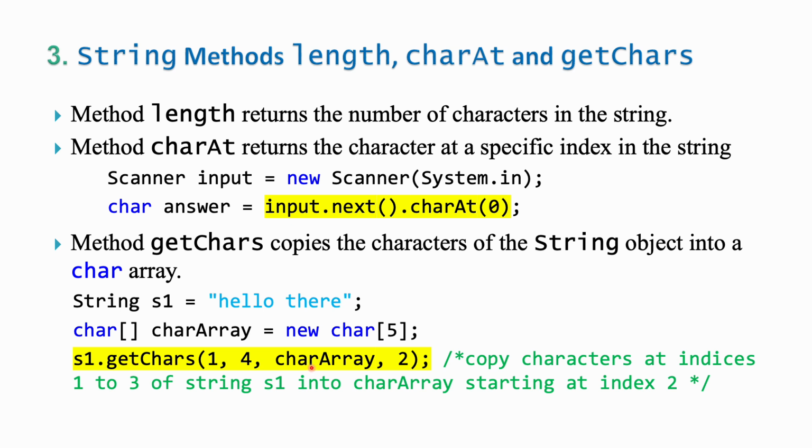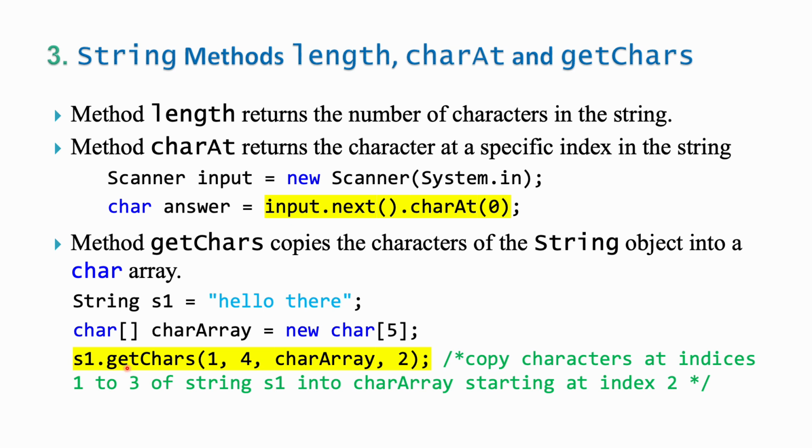in the getChars method is the name of the character array into which the characters are to be copied. The last argument is the starting index in the destination char array, where the copied characters are placed in the target or destination character array.